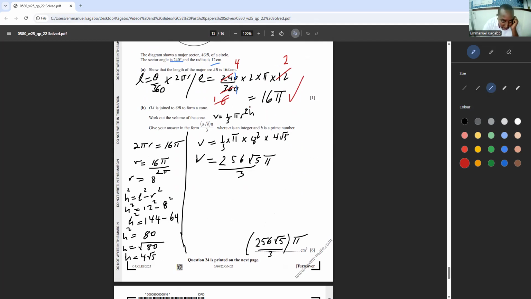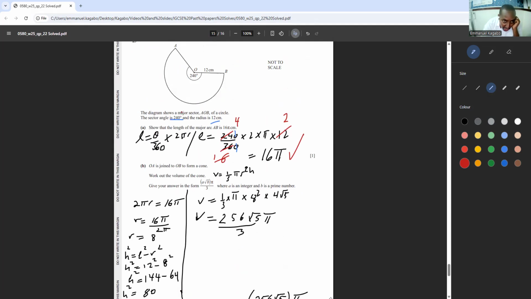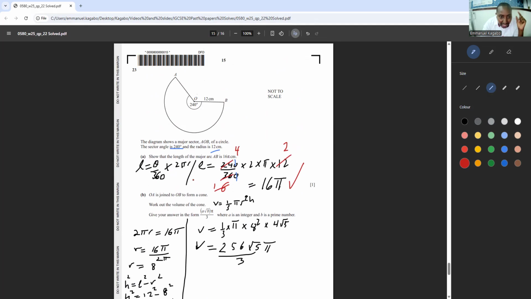Very good question B. They are getting this sector and they turn it into a cone. The idea is if you turn this into a cone, your arc length is going to be the circumference of the circle at the bottom. Let me try to sketch, a simple sketch.